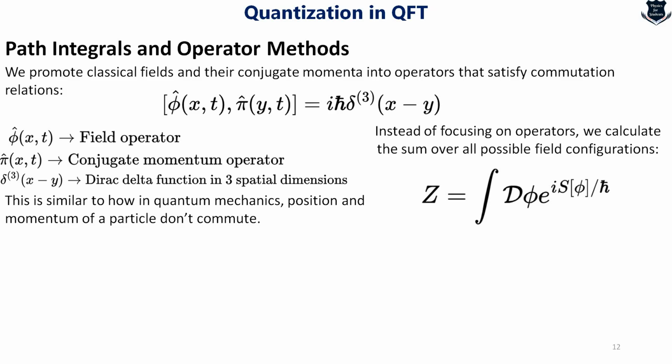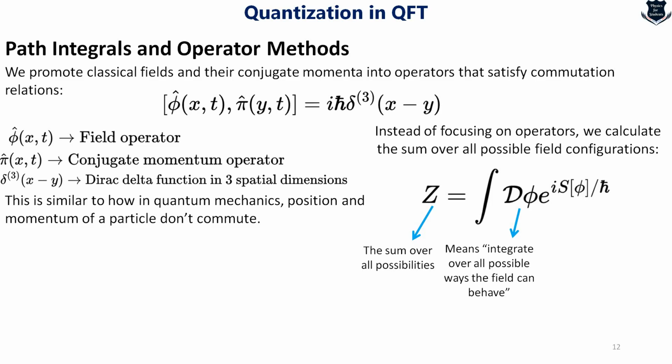I'm not going to explain this equation, nor do you really need to know it as far as the scope of today's video is concerned. This Z is called the sum over all possibilities. Because we are dealing with infinite degrees of freedom, this sums up whatever possibilities the particle might have.